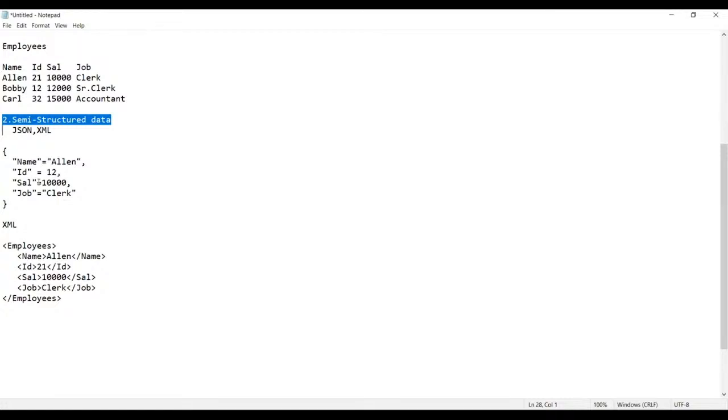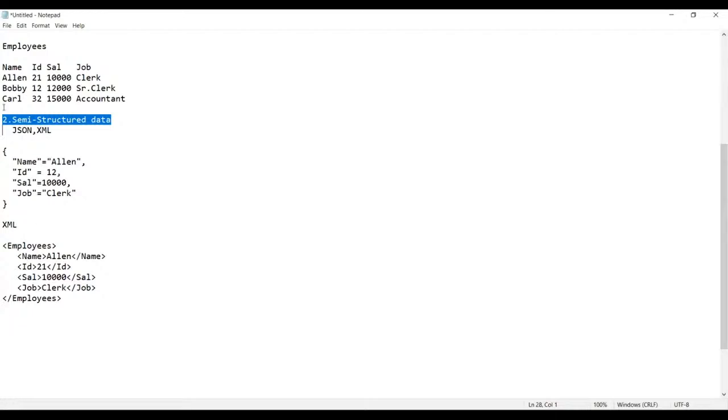Basically, this is nothing but extendable markup language. That's it, guys.